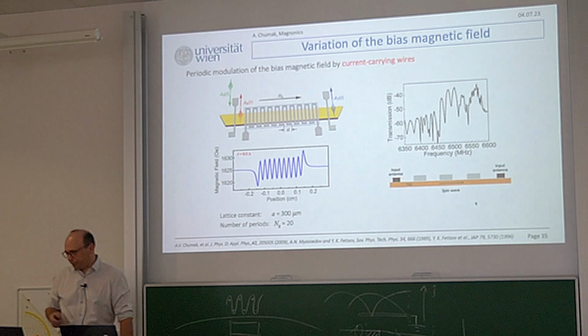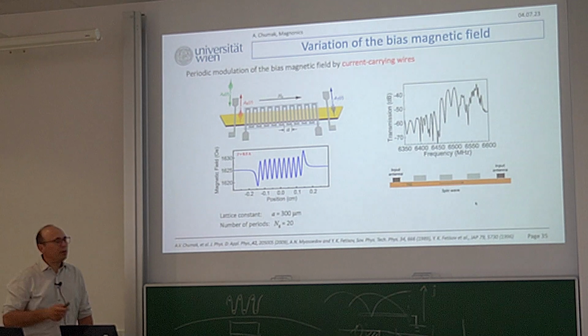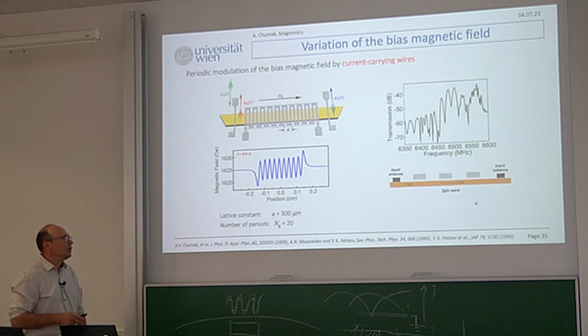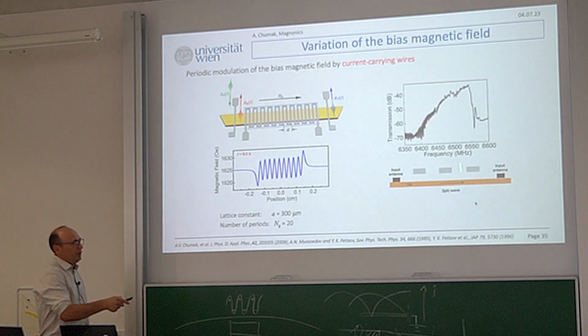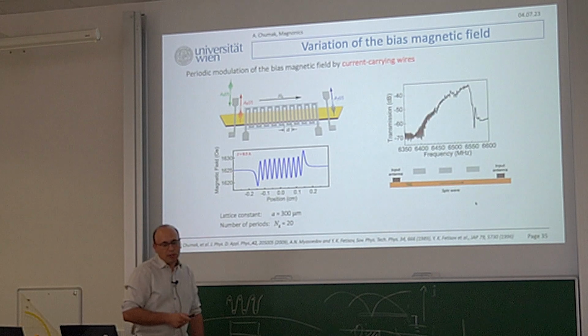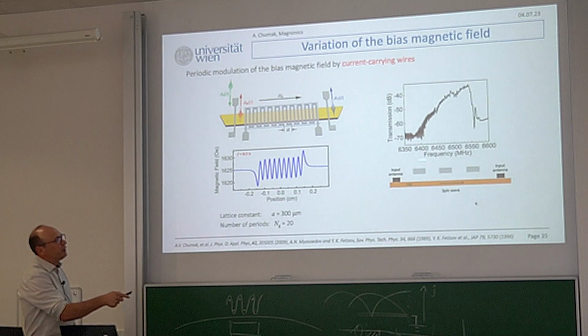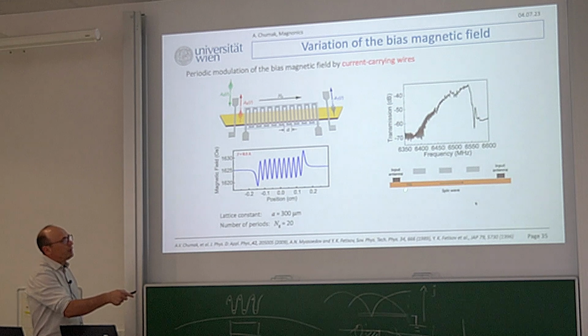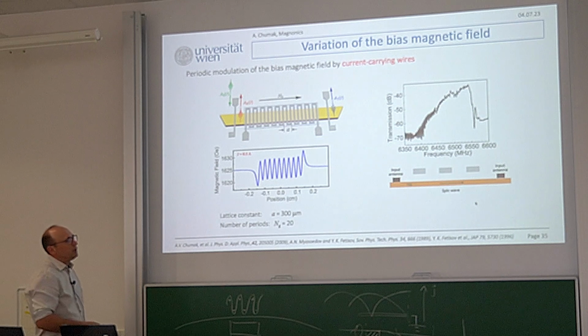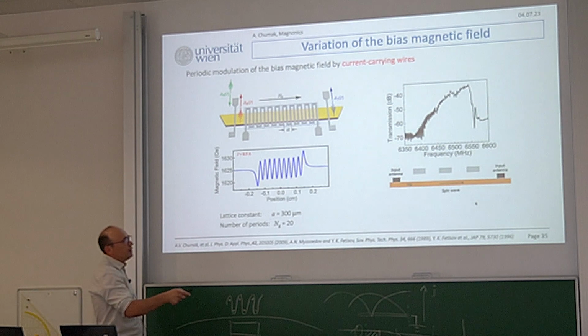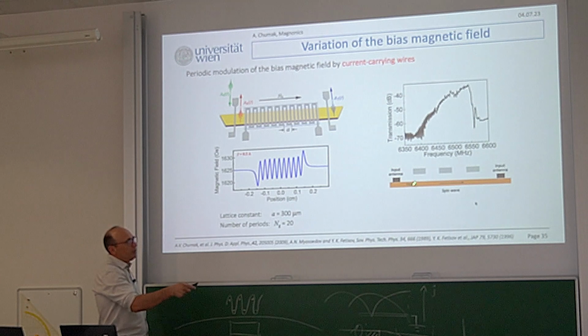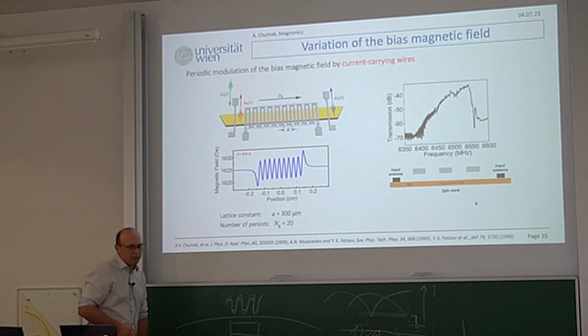The solution was actually proposed to me in a private discussion by Boris Kalinikos. He said you need to put a spacing in between. What's going on here is that when you put spacing, the field created by the antenna decreases as 1 over r distance, which is quite a slow dependence, but the field created by YIG, by spin waves, decreases exponentially, as an evanescent wave.